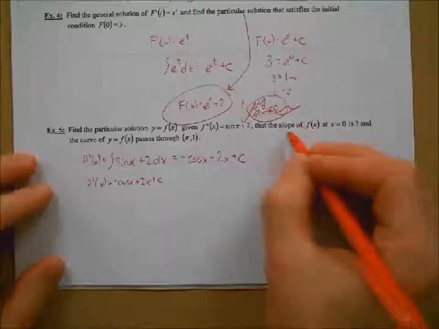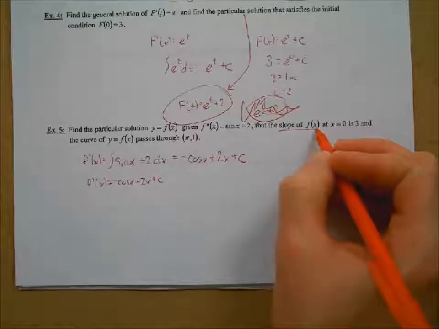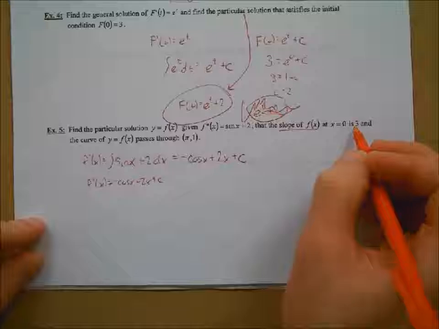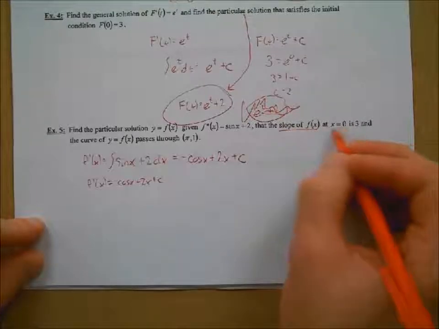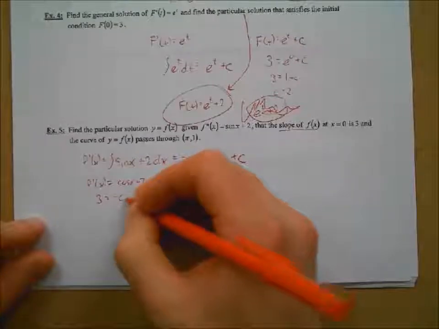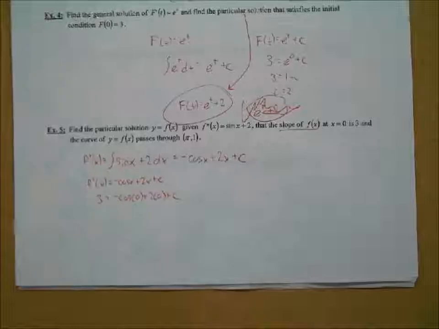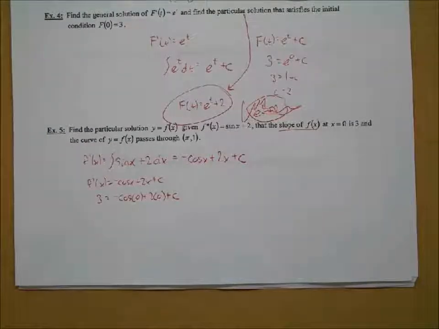The slope of f of x, which is really talking about f prime at 0 is 3. So that means f prime, when x is 0, is 3. So we'll put a 3 here, and we'll plug 0 in for our x's. What is the cosine of 0?